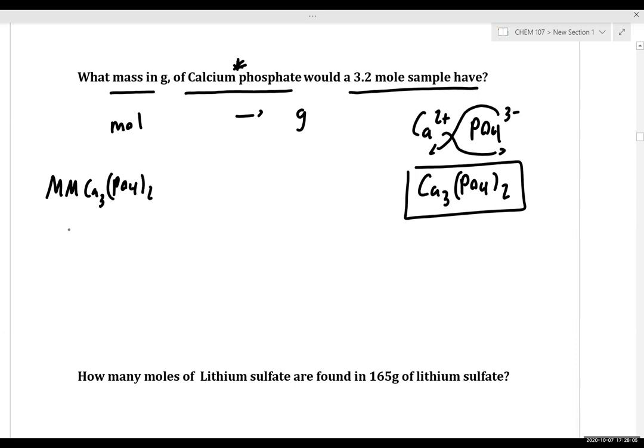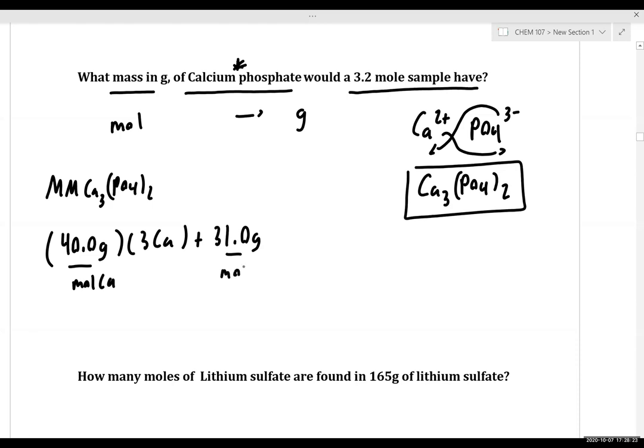So we take the mass of calcium, which is about 40.0 gram per mole, and we have 3 calcium atoms, plus the molar mass of phosphorus, which is 31.0 gram per mole, and we have 2 phosphorus atoms. Then we take 16.0 gram per mole of oxygen and multiply by 8 oxygen atoms.